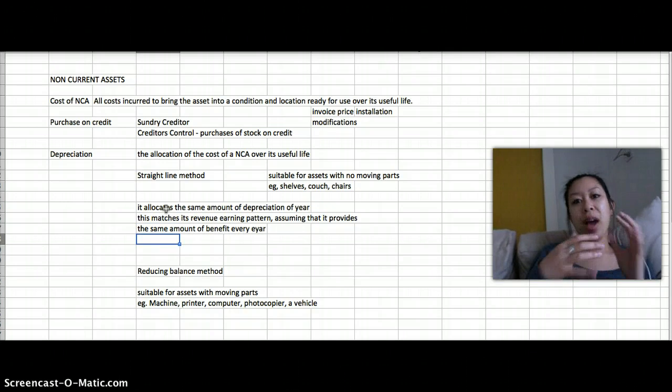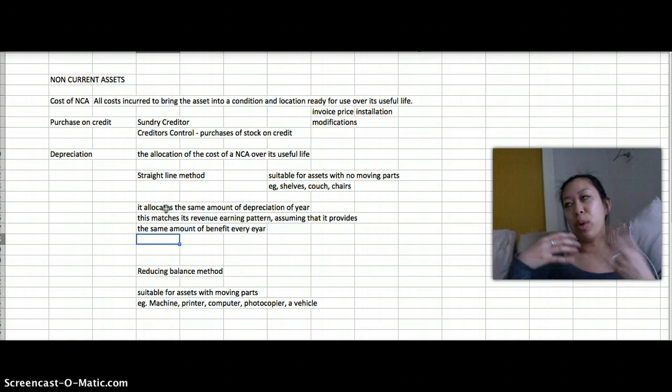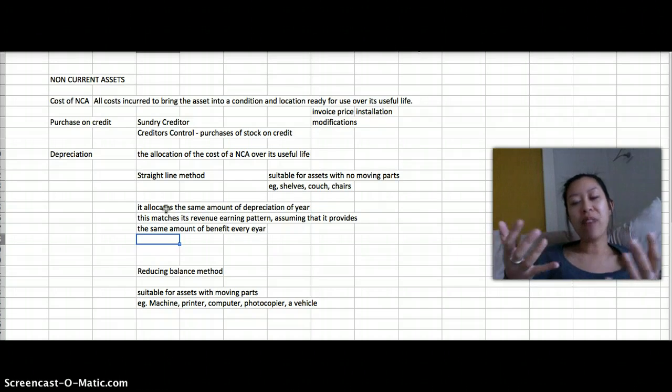That means that if I buy a shelf, I'll expect to use it the same amount every single year. So if I bought a shelf for, I don't know, $500, I plan to use it for 5 years. So that means that every year I'm going to use $100 of it. It's just going to sit there and I'm going to put books in it.